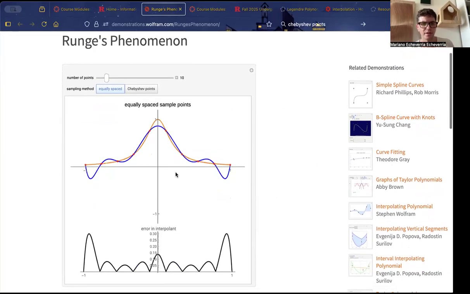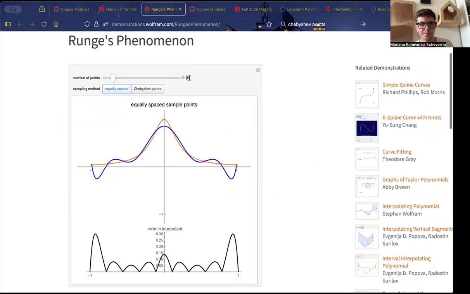Now I changed from 5 to 10, so you are sampling at 10 points, equally spaced between -1 and 1. That gives you 10 corresponding points on the graph, and then you find the polynomial passing through these 10 points.